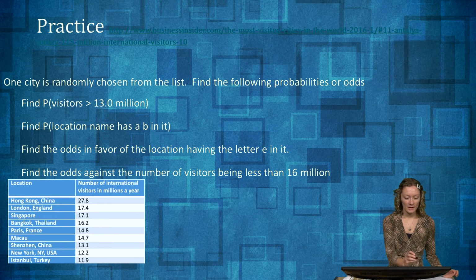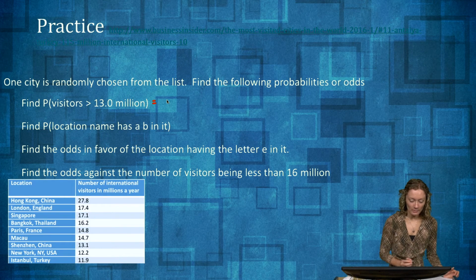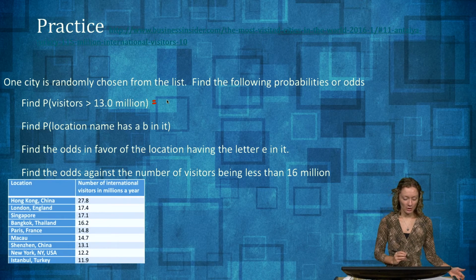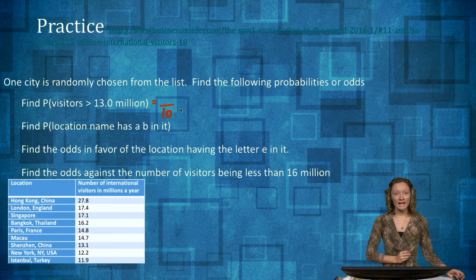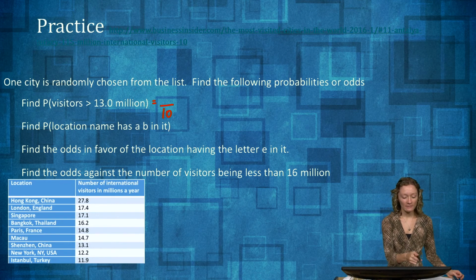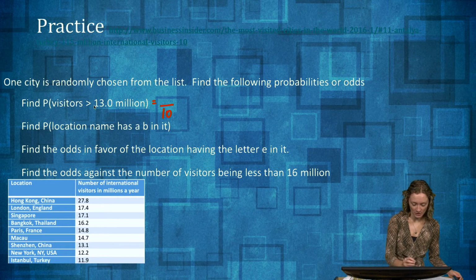Let's go first. Find the probability that the visitors are more than 13.0 million. Well, for probability, we first need a denominator. So how many different options do we have? From the chart, we can count. Looks like we have 10. Of those 10, how many meet the criteria of having visitors greater than 13.0 million?